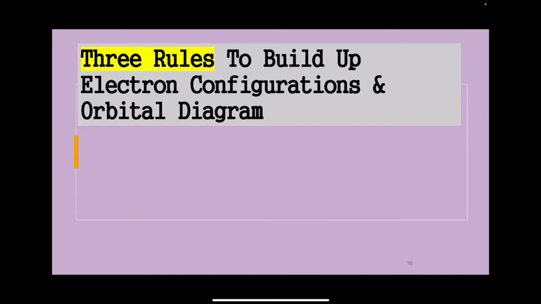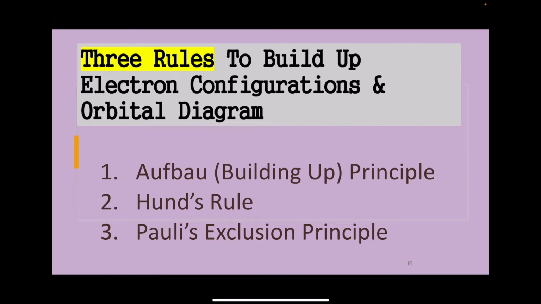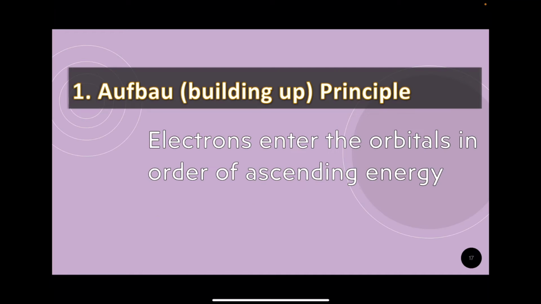The 3 rules are the Aufbau principle, Hund's rule, and Pauli's exclusion principle. First, we move to the Aufbau principle. The Aufbau principle mentions that the electrons need to enter the orbitals in order of ascending energy. Okay, you need to enter the orbitals in order of ascending energy.